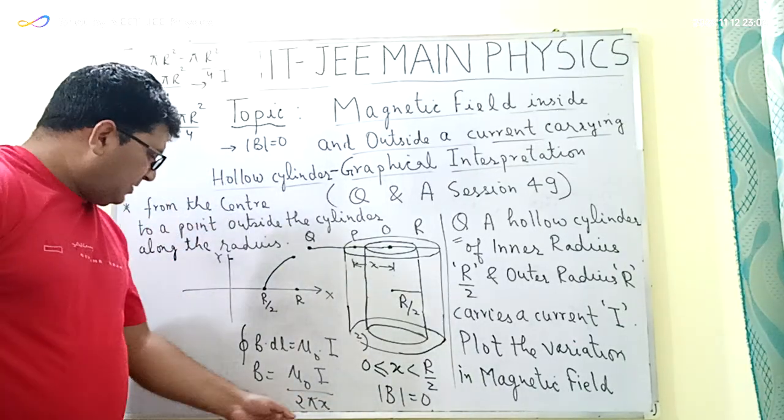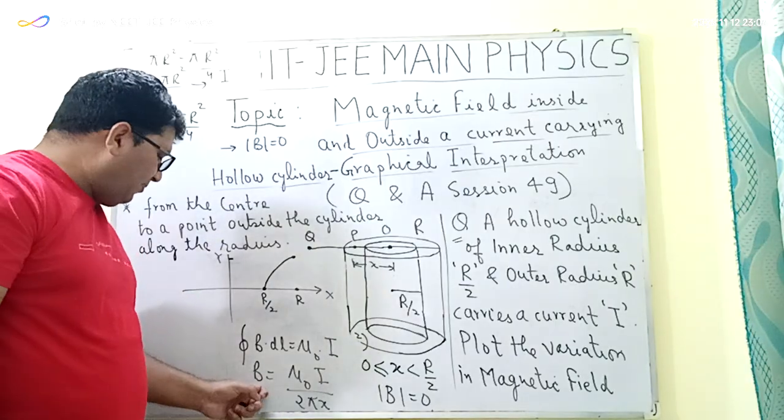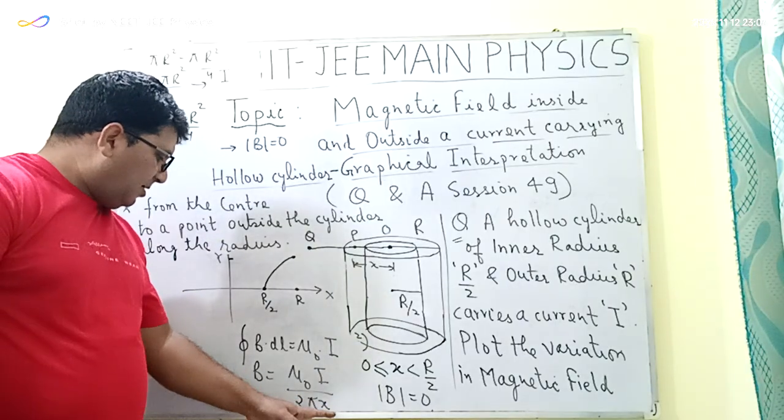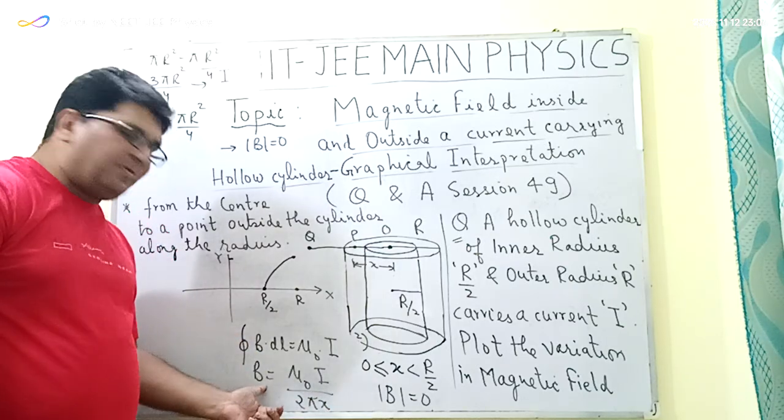As the value of x increases, B will be decreasing, and when x is tending towards infinity, B will be tending towards 0.